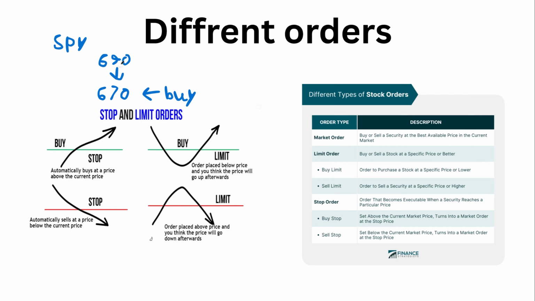So it will not fill at 690. Say price keeps falling and falling, and then eventually reaches 670. It will then fill that order at 670. You will then buy the stock at that point.